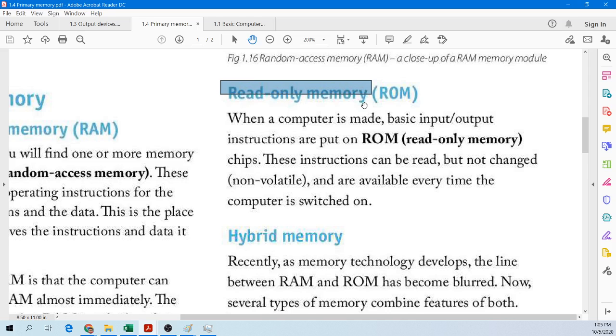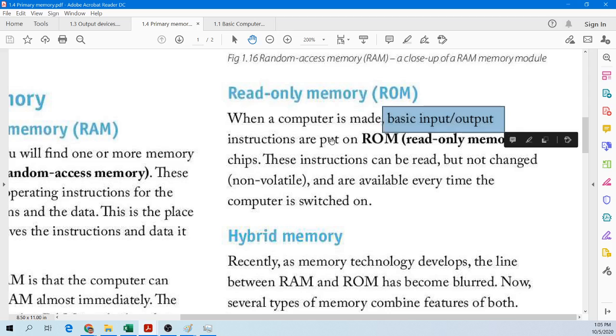So it stores information called basic input output instructions. Basically, it's a set of instructions that your computer follows when it starts up. So when you press that power button on your computer, it follows some instructions inside of this ROM chip in order to start up the computer.